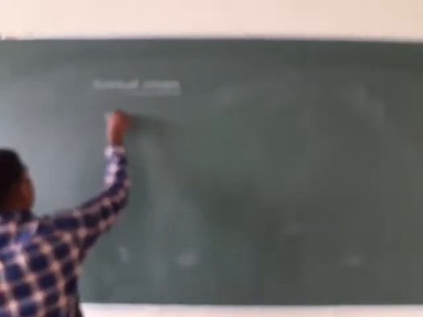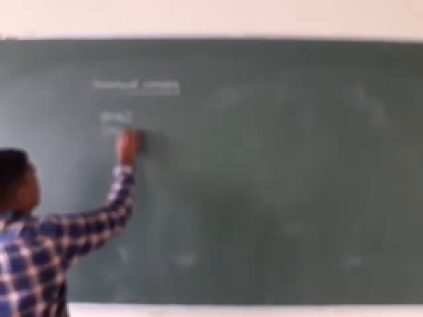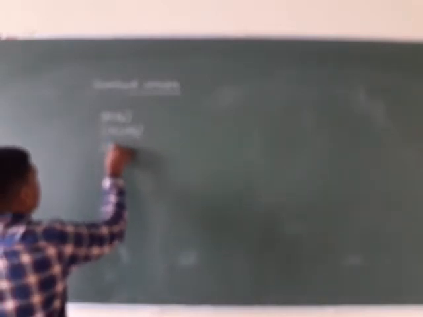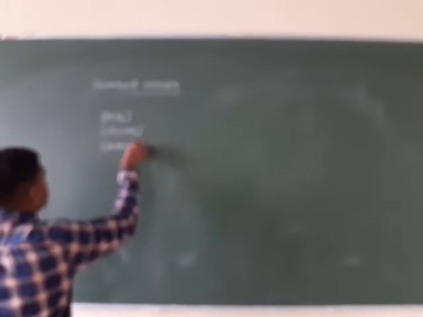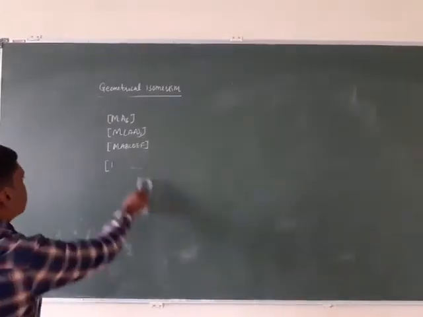Okay, while if you have an MA6 type complex, or you have M(AA)3 with a bidentate ligand AA, or if you have an MABCDEF type complex, okay, this much is clear.